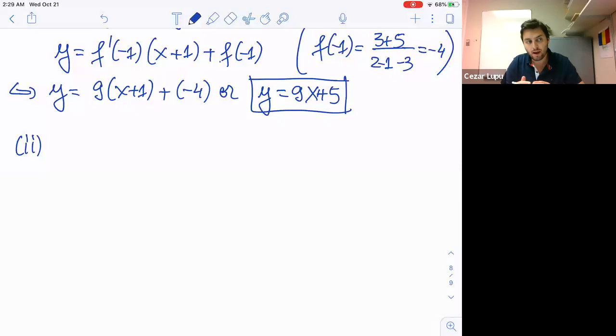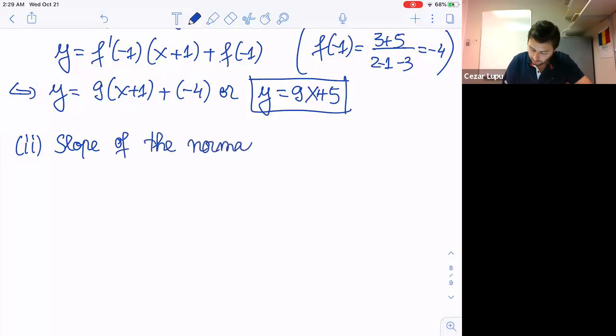So this will imply that the product of the slopes is -1. So the slope of the normal line is equal to -1/9.